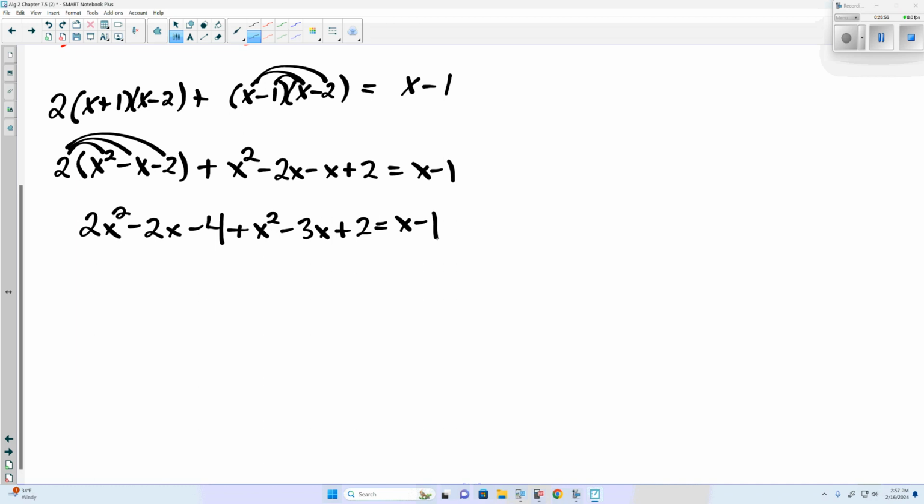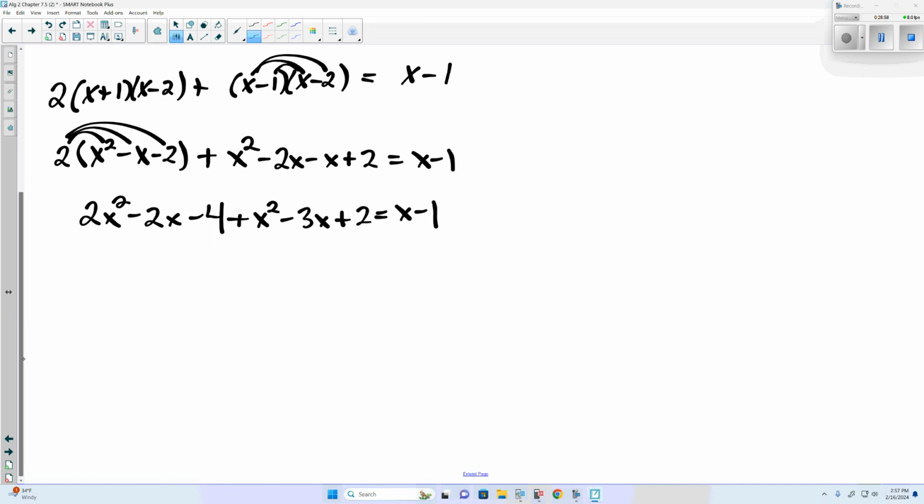Combine like terms. 2x squared and x squared give us 3x squared. Negative 2x minus 3x is negative 5x. And negative 4 plus 2 is negative 2 is equal to x minus 1.